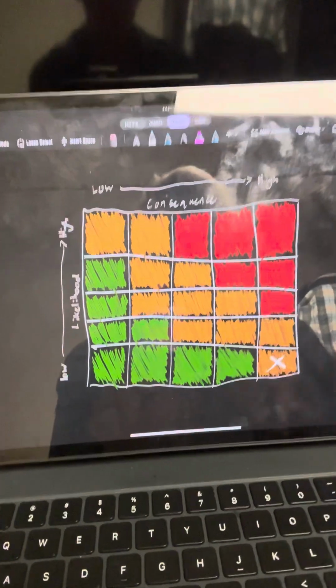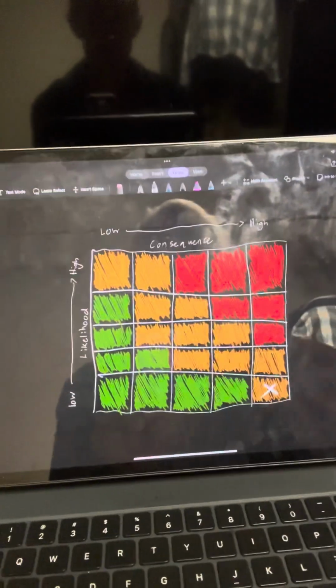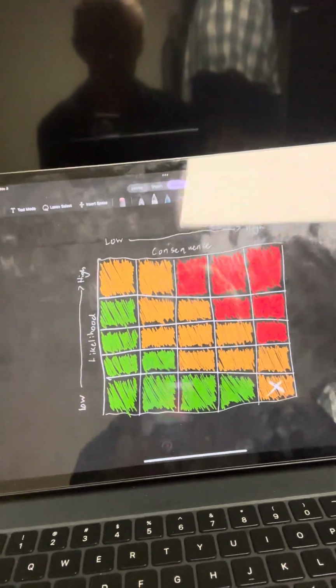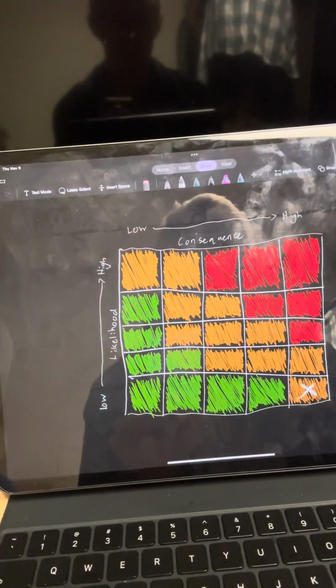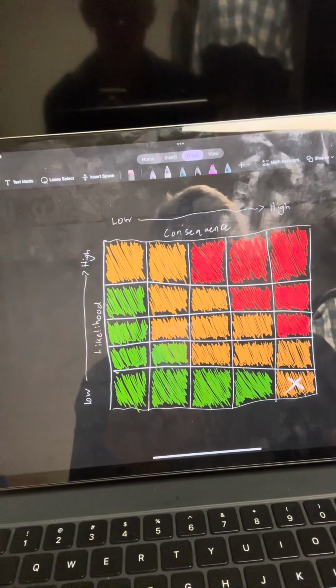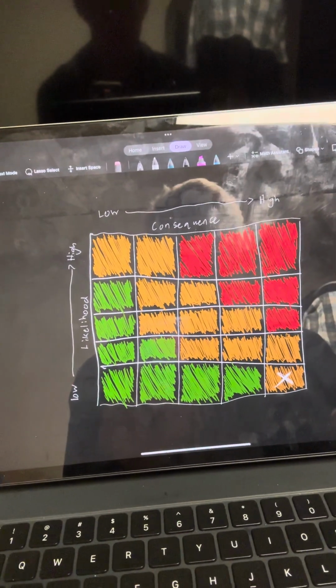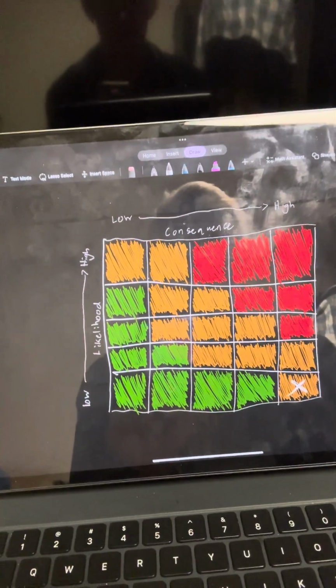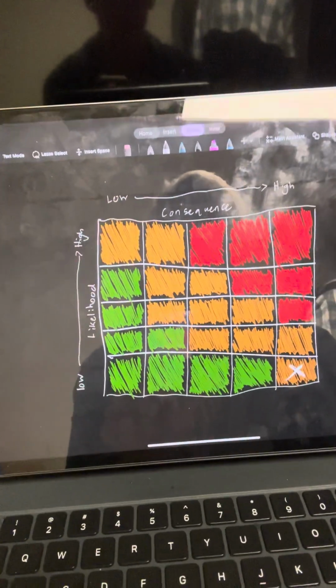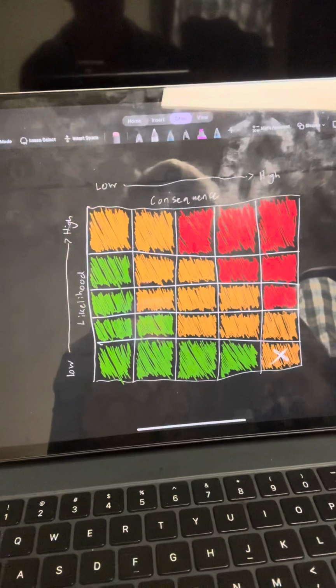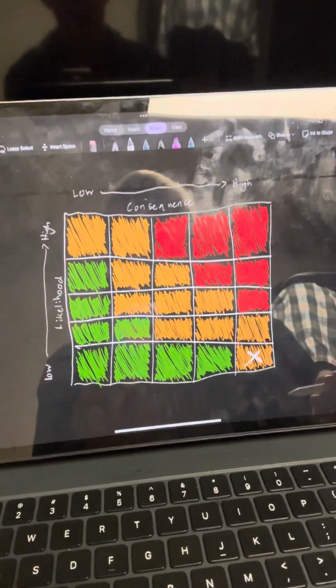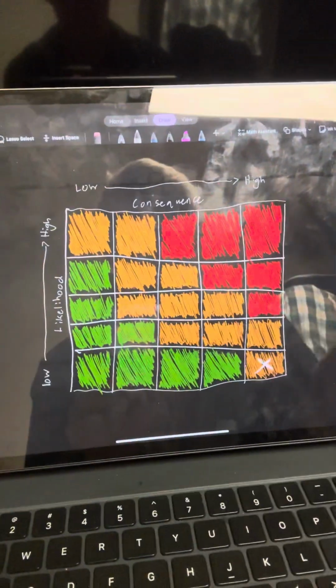The second example that I would like to bring up would be at the same job, would be dehydration. So dehydration is a lot more common, but typically isn't too high of a risk, or the consequence isn't too high.